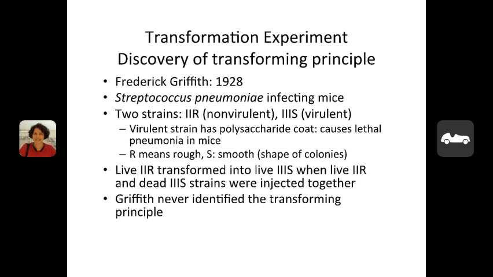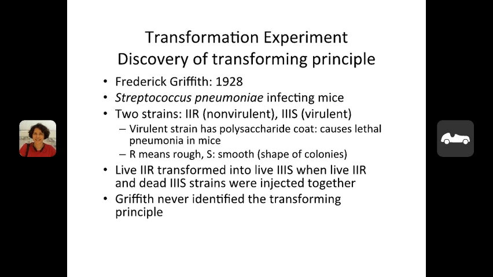So his observation was that live 2R bacteria could become transformed into live 3S, so one strain transformed into the other, when he injected in the same mouse live 2R bacteria mixed with dead 3S ones.